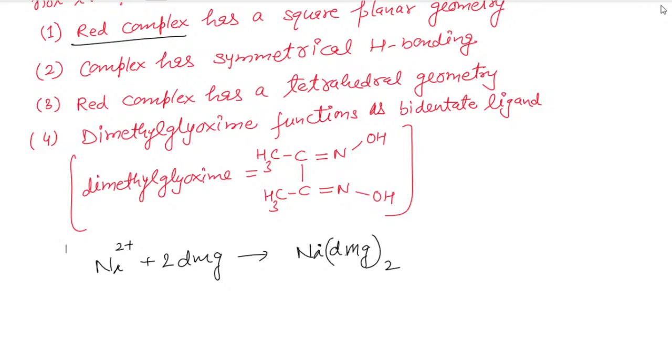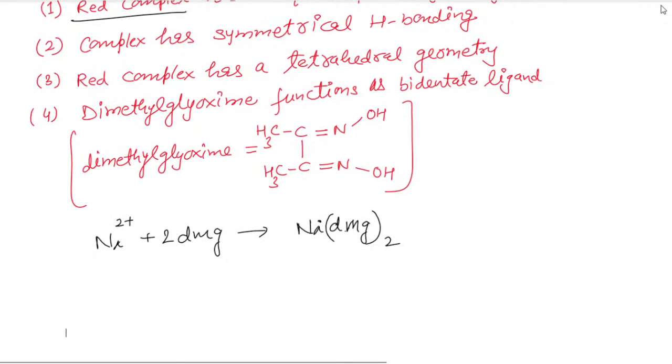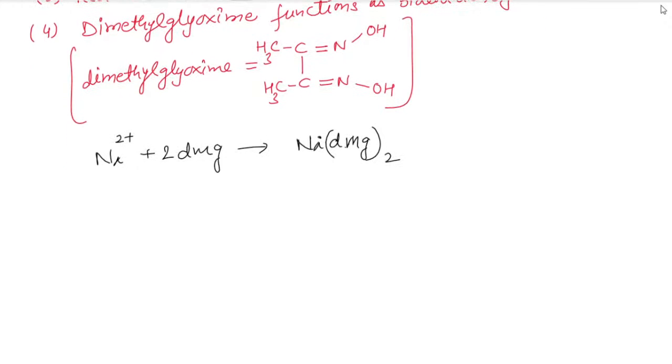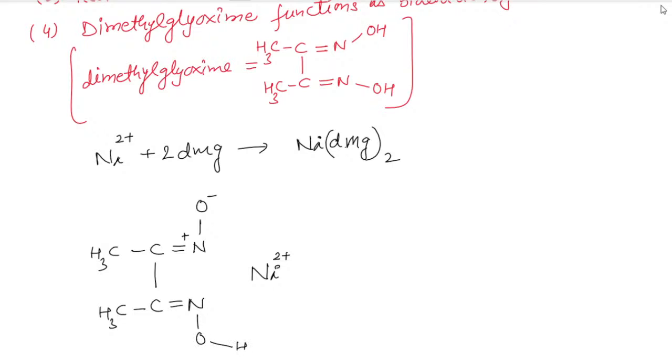complex formed is like, see, I will write the structure. Nickel 2 plus, so N double bond C, C double bond N, CH3, CH3, O negative and N positive, and it is OH.